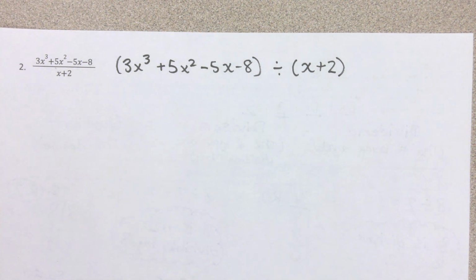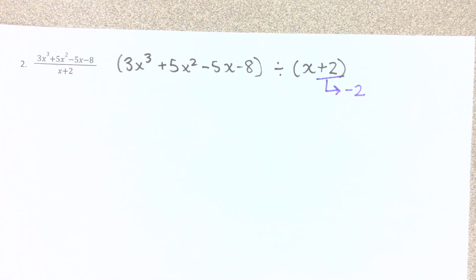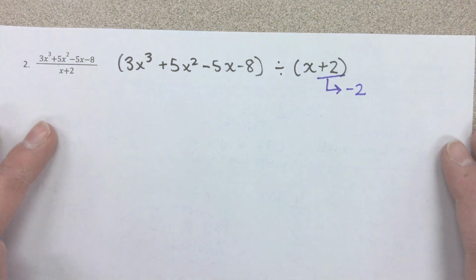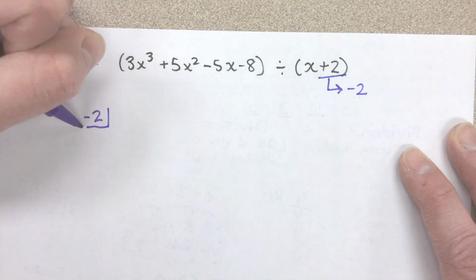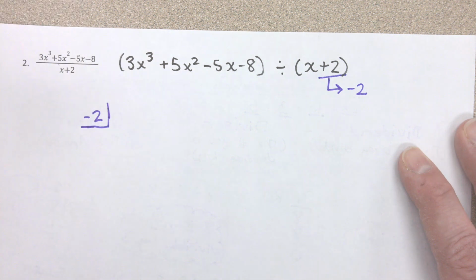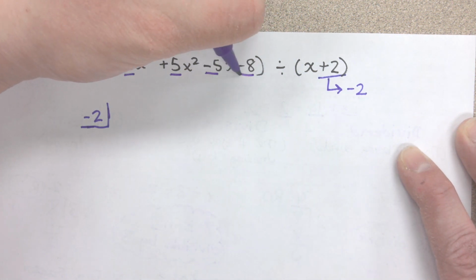We're going to set up the synthetic division. The first thing we need to do is mess with the divisor. It's a plus 2, so I'm going to change that and turn it into a minus 2. So we have our little backwards L with the negative 2 inside. And then I'm going to take all the coefficients, 3, 5, negative 5, negative 8.